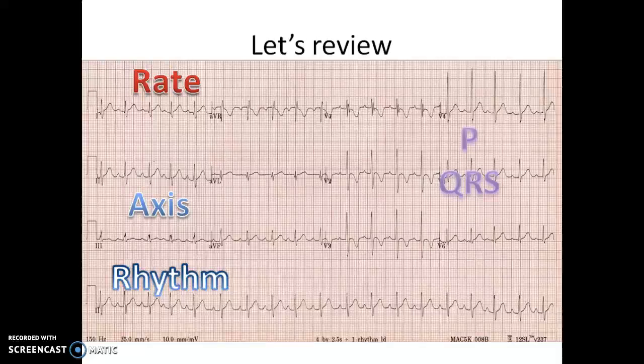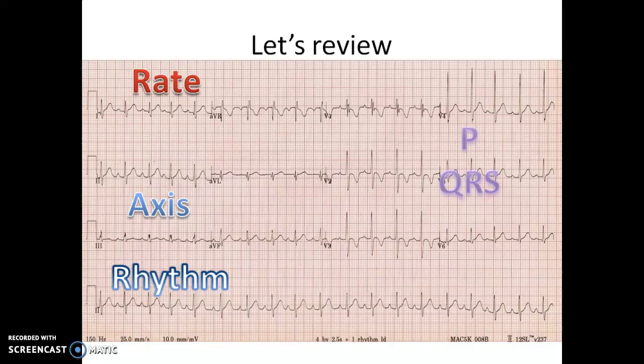You'll get an RSR pattern in V1, which is normal, which looks like an incomplete right bundle, but it's normal. You'll get prominent Rs because of the dominant right ventricular wall, and it's only as the heart becomes more mature that you'll lose this dominance on the right precordial leads, V1, V2, V3, and it moves gradually to V5, V6.